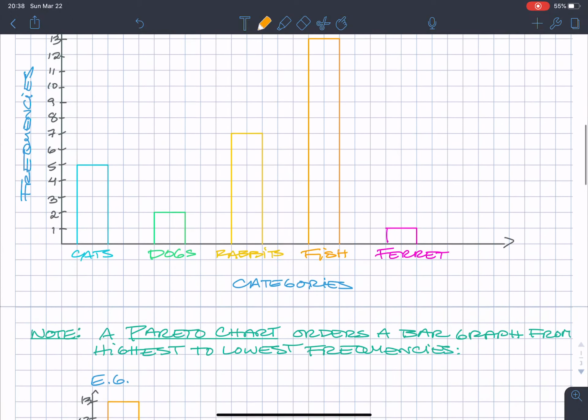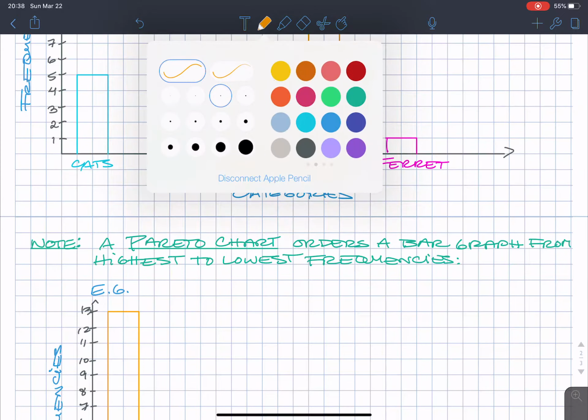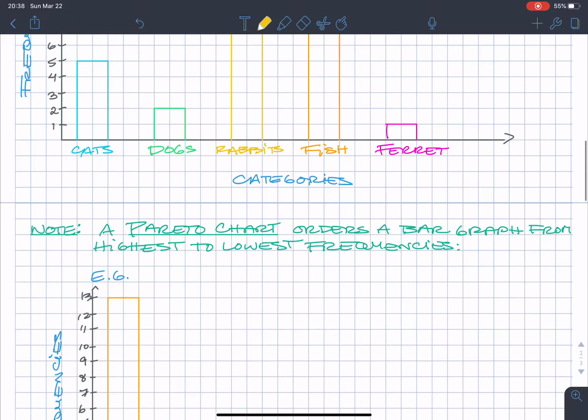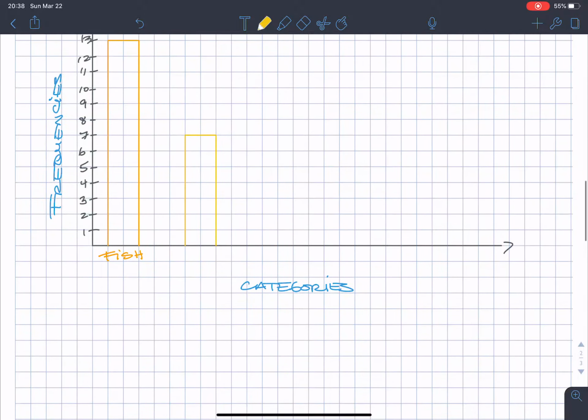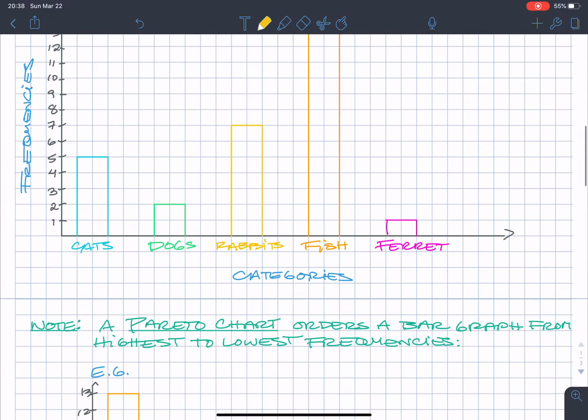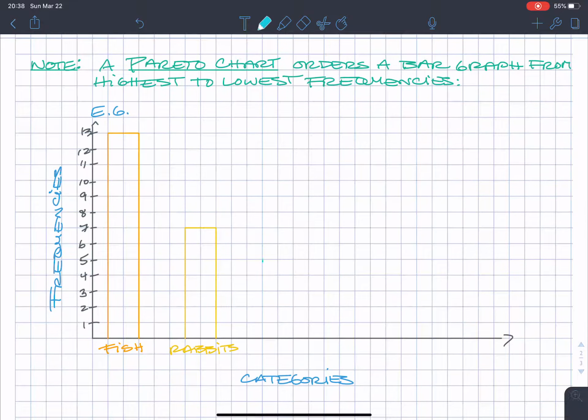Then what's the next most frequent? It looks like rabbits. Okay, so rabbits with a height of 7. And what comes next would be cats at 5.